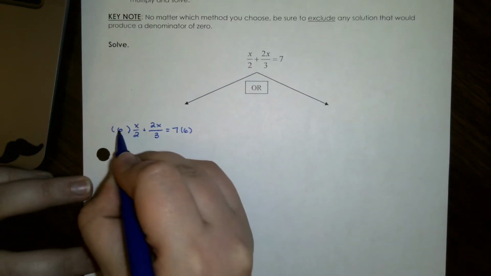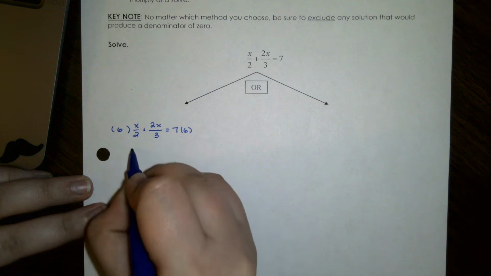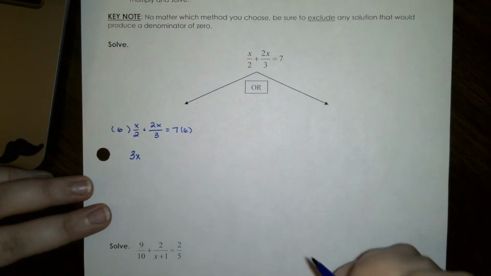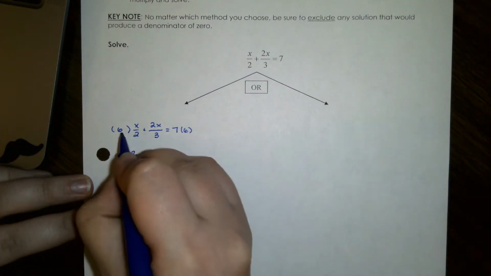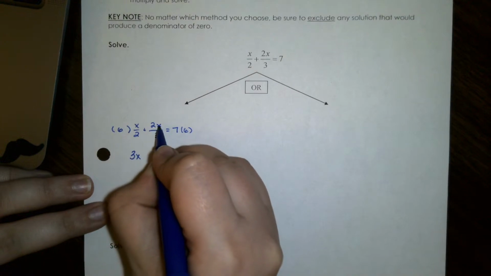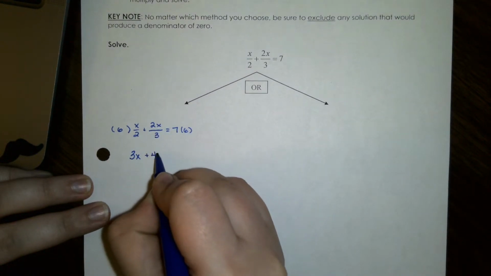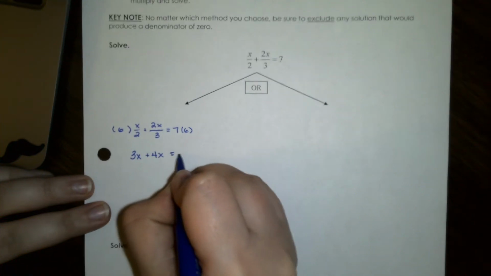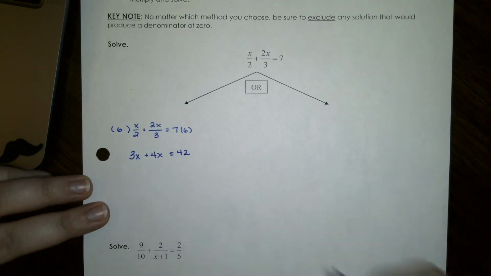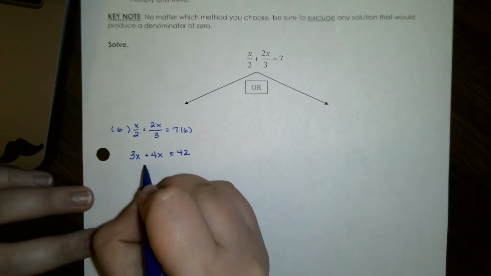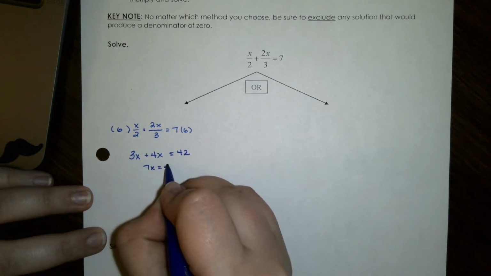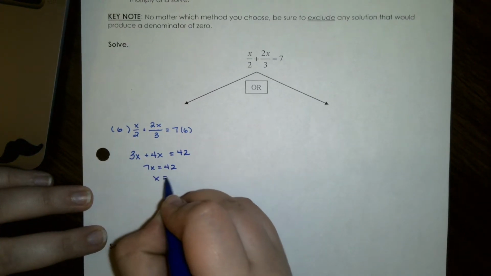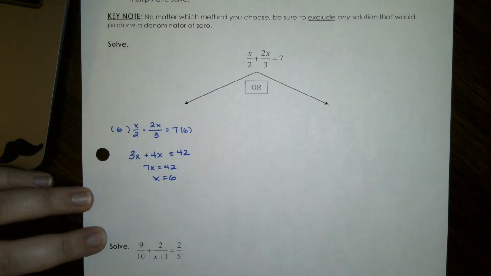Now, 6 times x divided by 2 would be 3x, and I've gotten rid of one fraction. 6 times 2x is 12x divided by 3. I get 4x, got rid of another fraction. And then 7 times 6, I end up getting 42. And from there, I just simplify to get x equals 6.